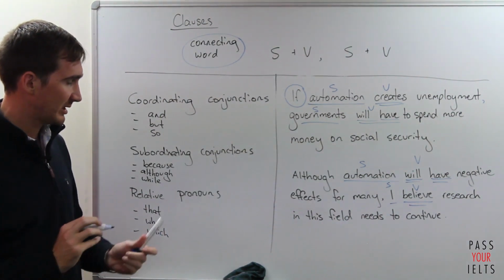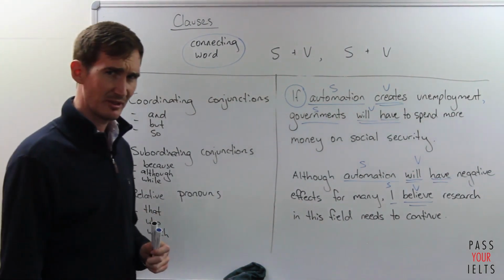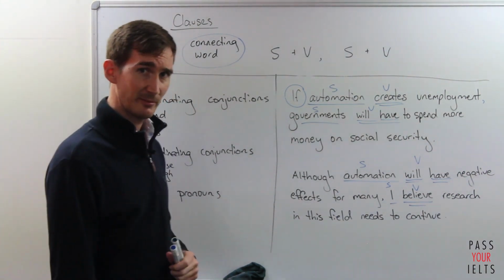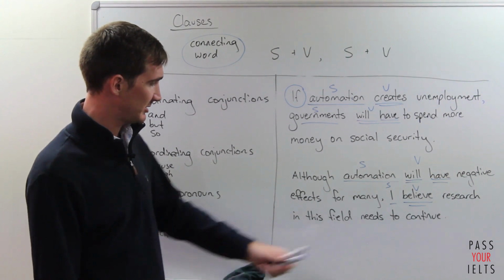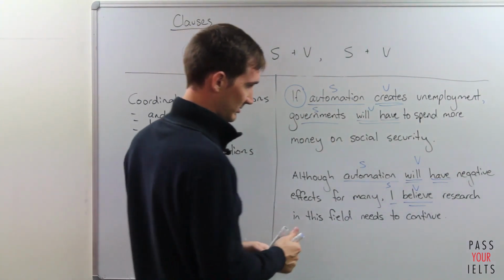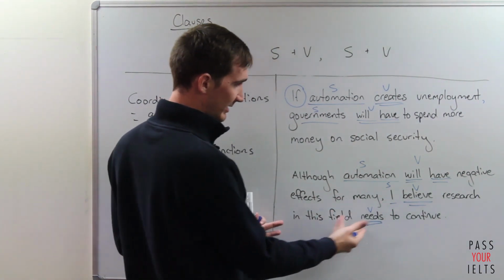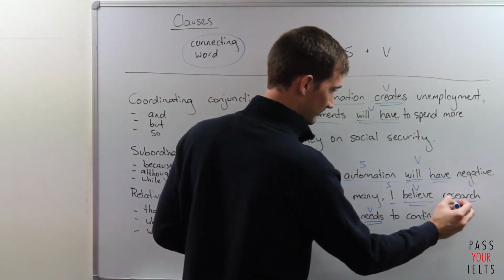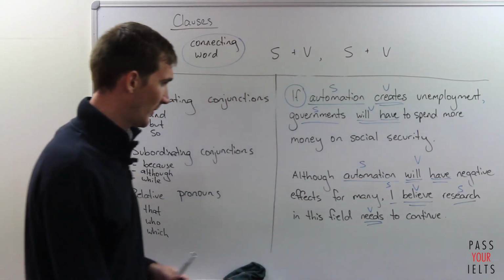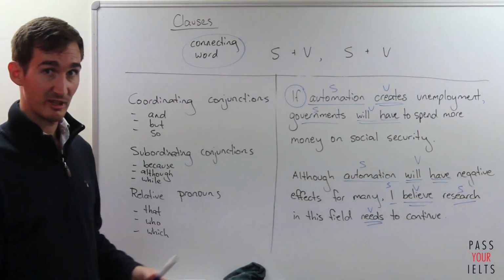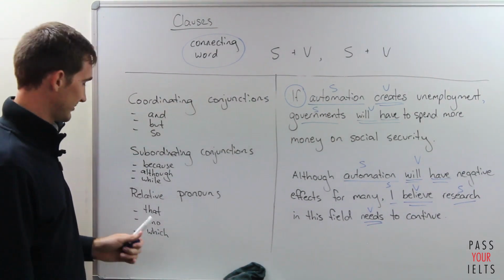Research in this field needs to continue. What's going on here? Do I have another verb in this sentence? Well, yes I do. I've got needs. So I've got a subject with that, I guess, and that is research. The question is, where's my connecting word? Do you know the answer to this? Well, it's actually here.